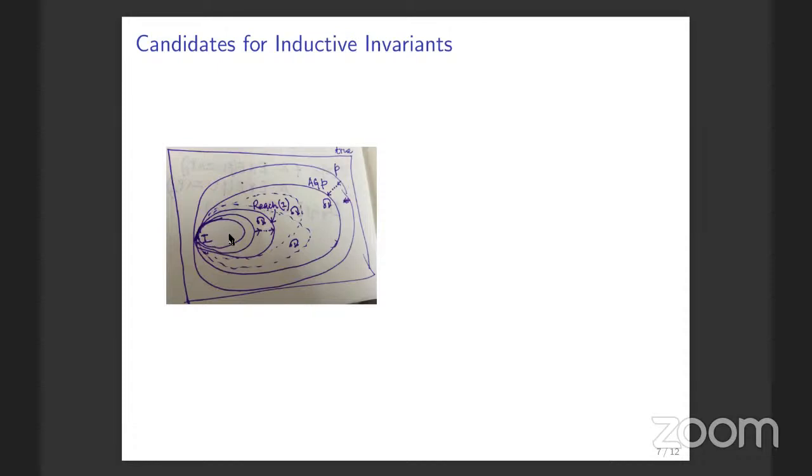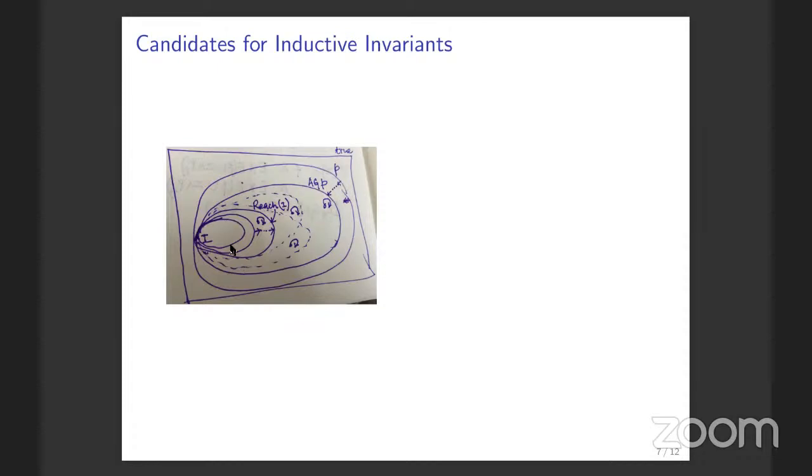The reachable set of states from some initial state is the strongest invariant, and the backward approach of computing the set of all states that satisfy AG of P, as the greatest fixed point, gives you in some sense the weakest inductive invariant that is strong enough to prove the property.